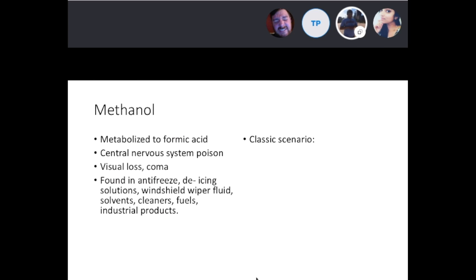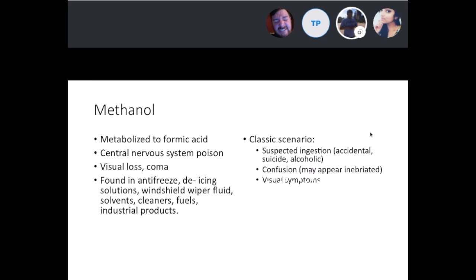A classic scenario in a patient with methanol is that you'll suspect an ingestion of something, whether accidental or suicidal, or just an alcoholic trying to get his alcohol. The accidental will probably be children. So they will come in confused, with visual symptoms and a high anion gap metabolic acidosis. What is the treatment for these patients?